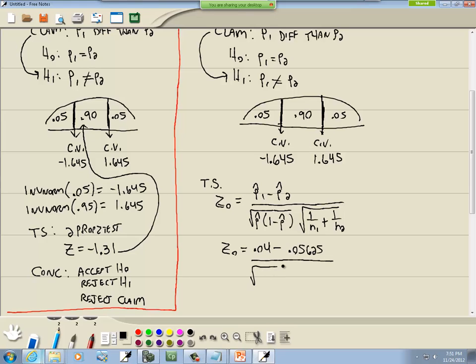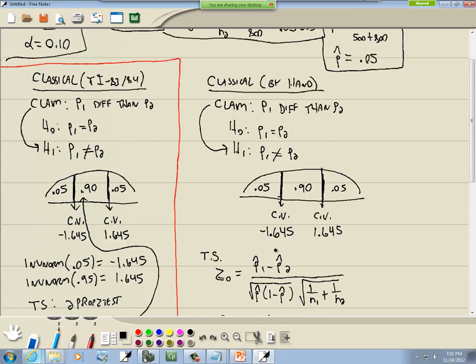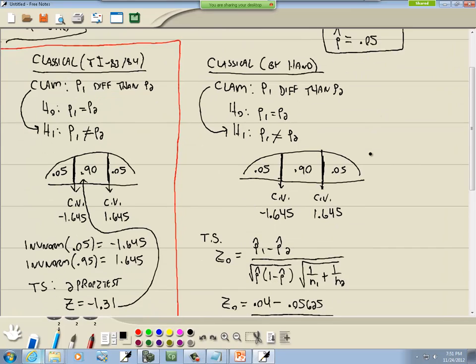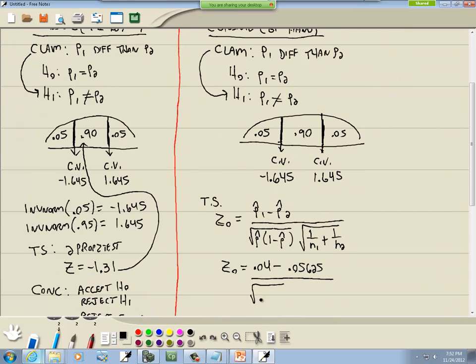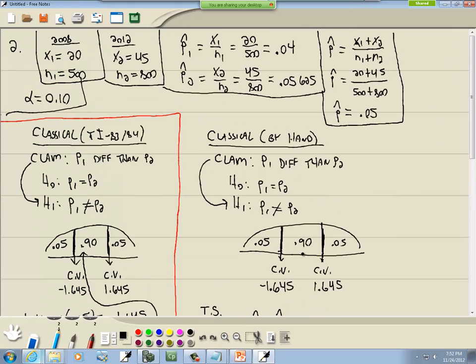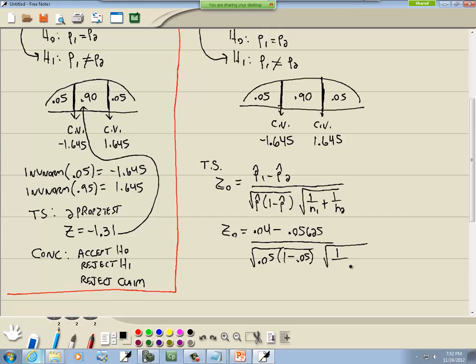Then the square root, p hat, what's p hat? 0.05. So 0.05 times 1 minus 0.05. Then the square root of 1 over n sub 1, which was 500, plus 1 over 800.